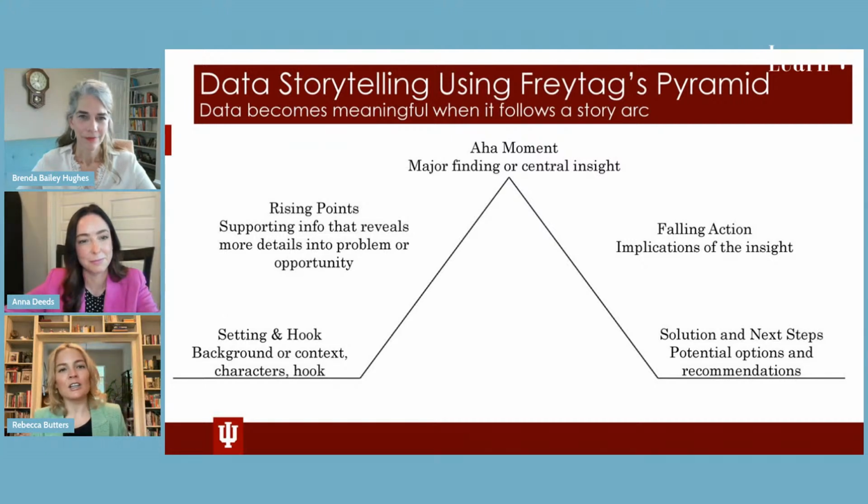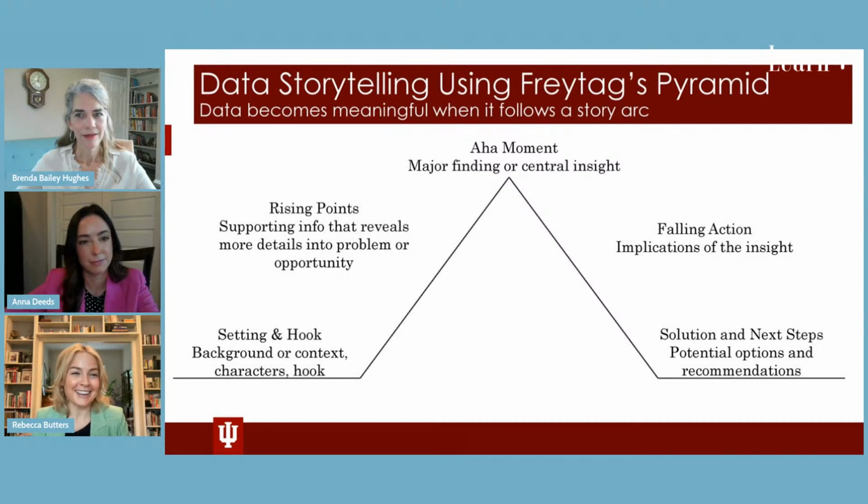The setting and hook, that initial context is usually really great. Then we have our aha moment, that climax part where they do a really good job sharing the central insights. Potentially you could put your ask there as well. And then that falling action can be a trailing down of tension that you built up in your rising points.